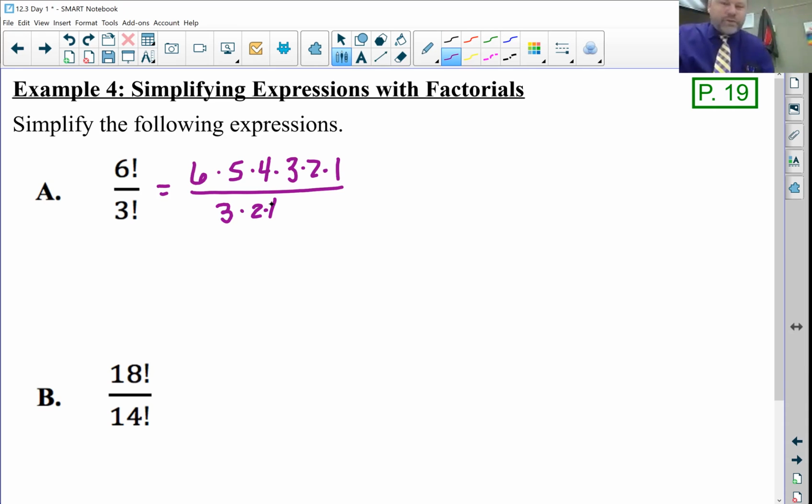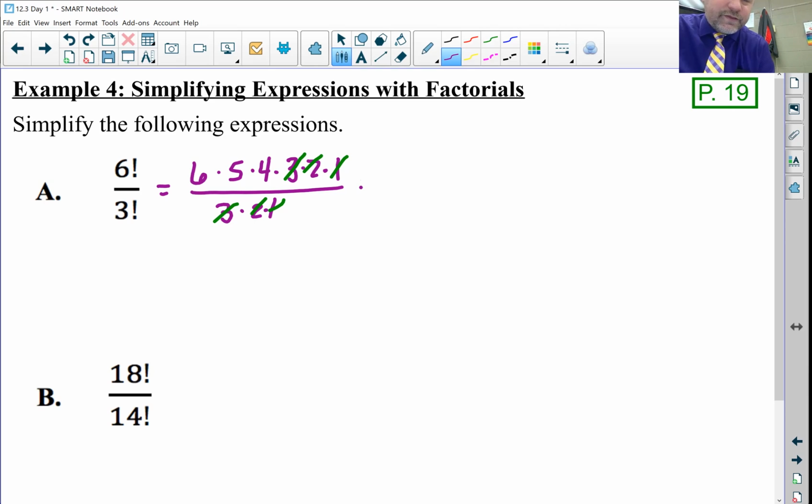Because it's all multiplication, any factor in the numerator will cancel with the same factor in the denominator. So the 3's will cancel, the 2's will cancel, and the 1 will cancel.